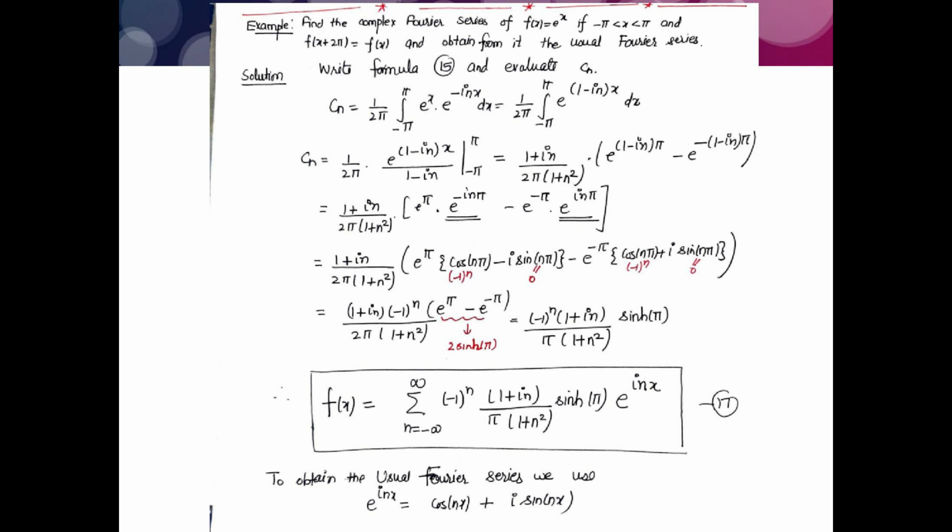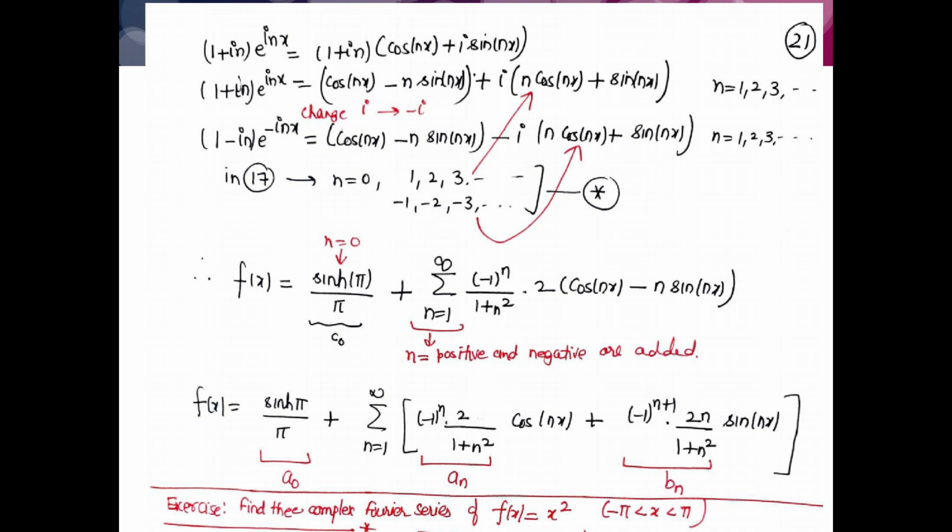Now from this we have to find the usual Fourier series. We will do something similar to what we did for finding the complex Fourier series. We substitute the value of the exponential function e raised to power iota nx in terms of cos and sine. Now we simplify the complex Fourier series and rewrite everything in terms of cos and sine.